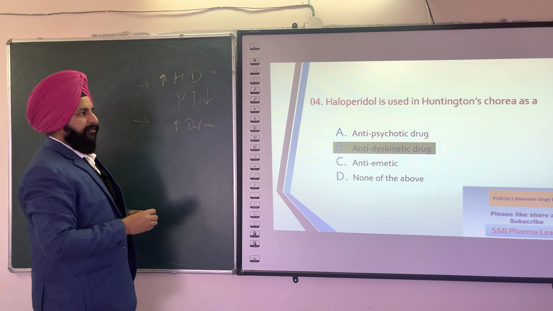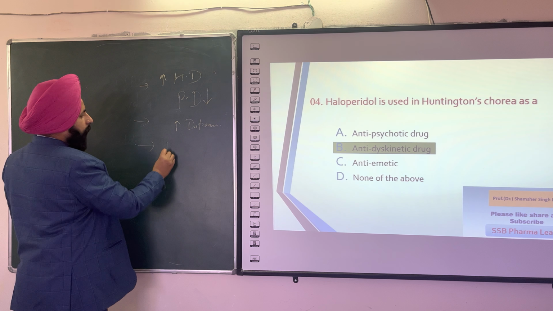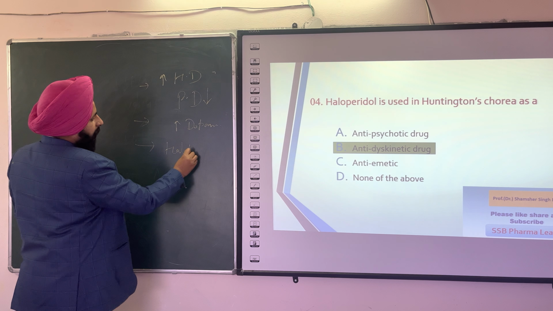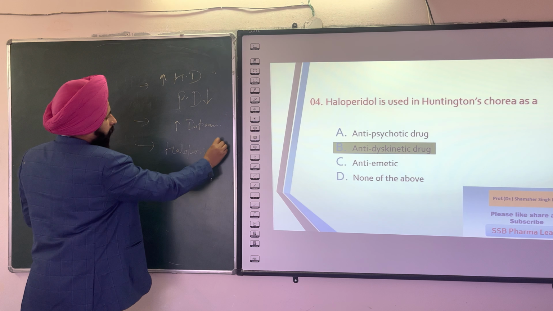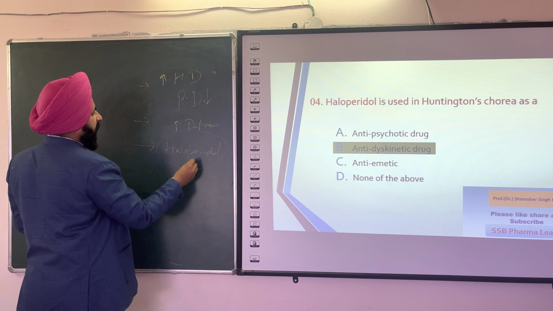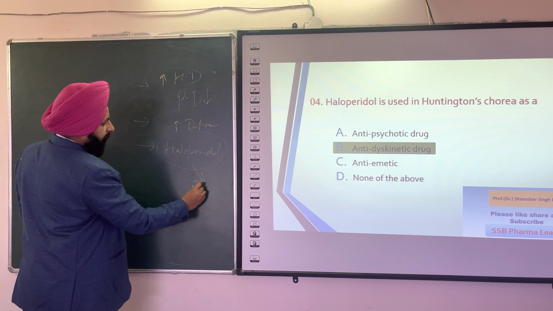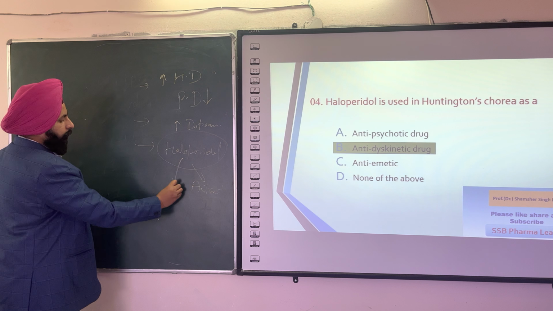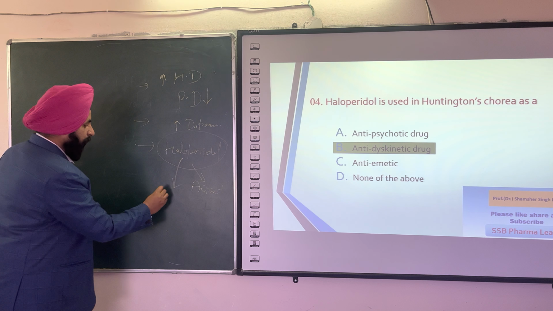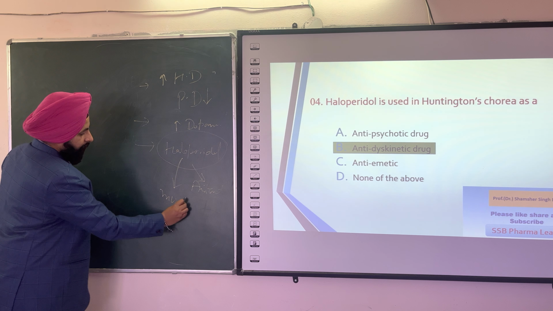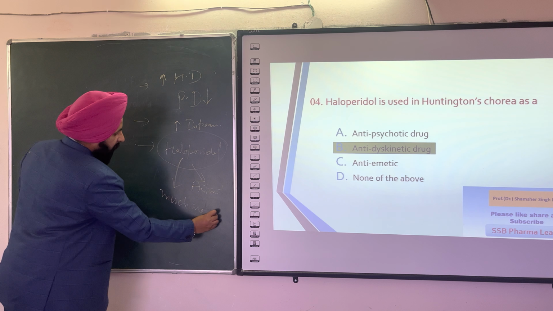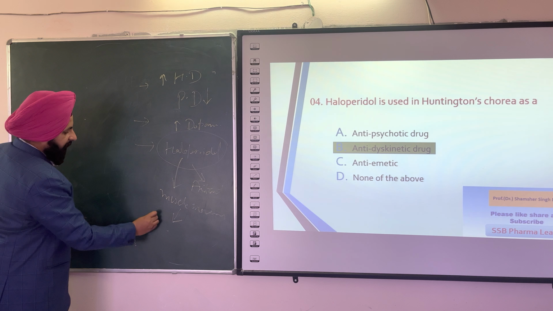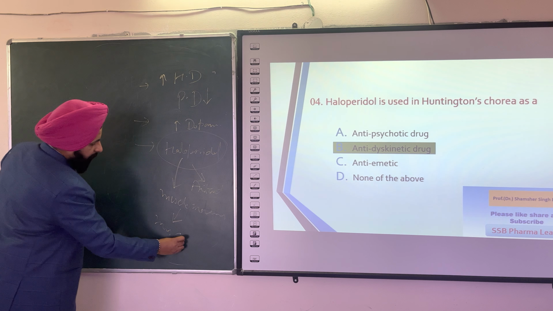So we always prefer haloperidol, which is also preferred as an antiemetic, or also preferred to reduce the muscle movement, thereby it stabilizes the muscle coordination.